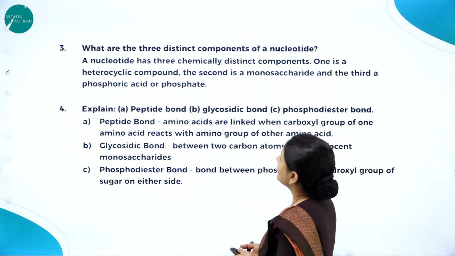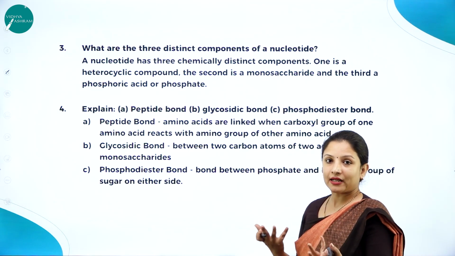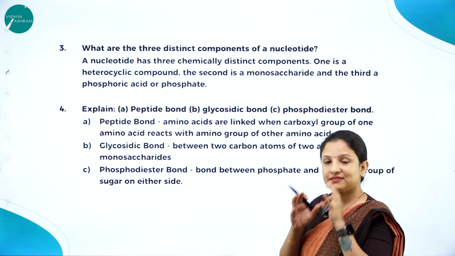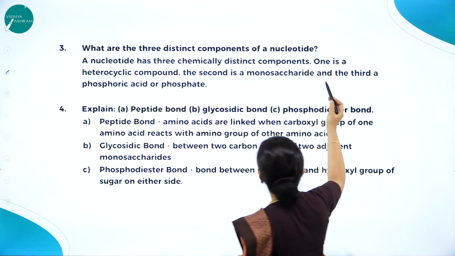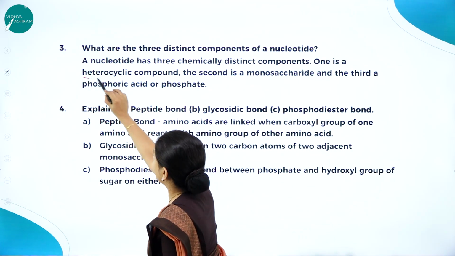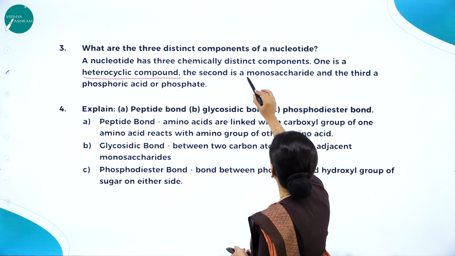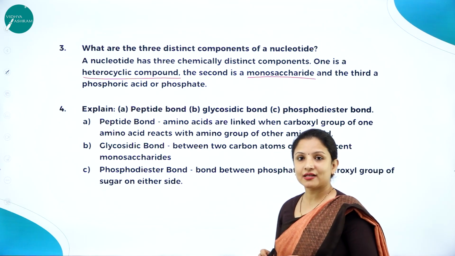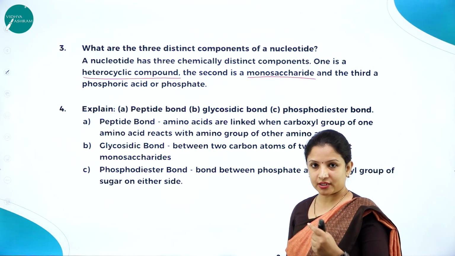Next question. What are the 3 distinct components of a nucleotide? So what are the characteristics of a nucleotide? What are present in the nucleotide is what you have to write here exactly. So they are made up of what? One is they have a heterocyclic compound. The next is they have a monosaccharide. That monosaccharide can be a ribose sugar or it can be a deoxyribose sugar.